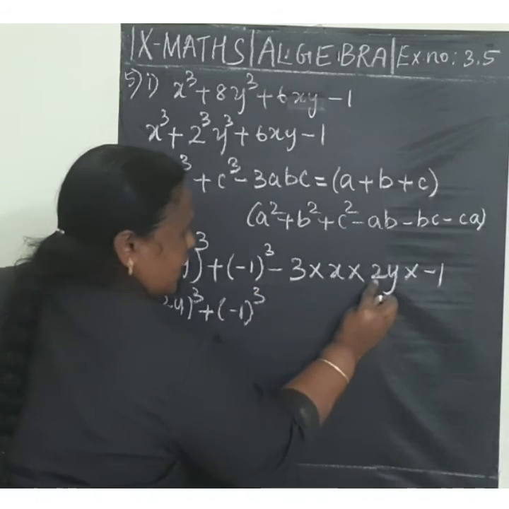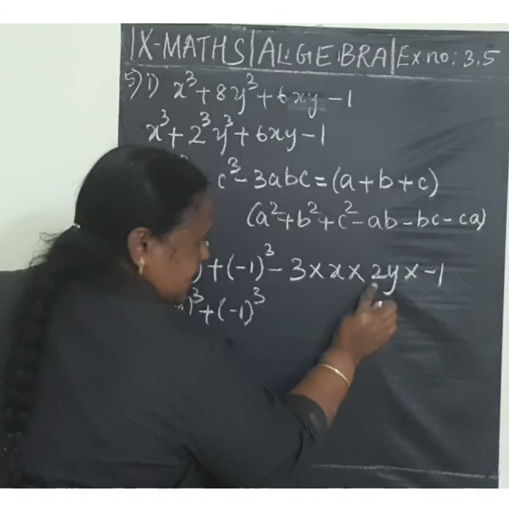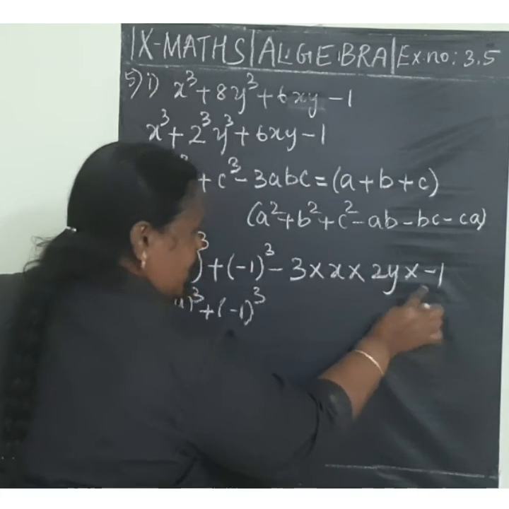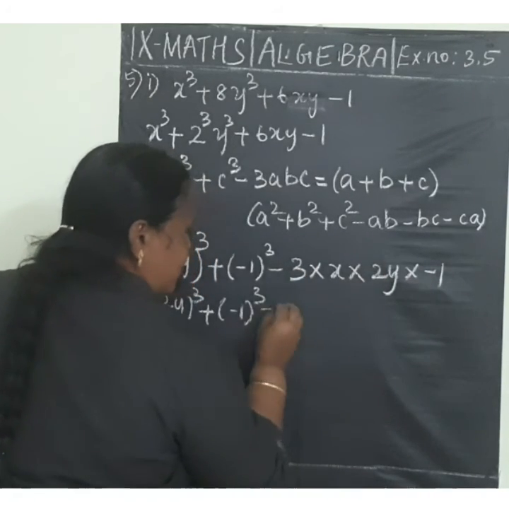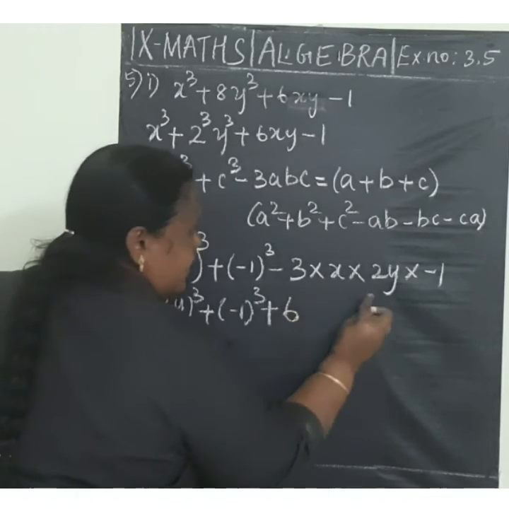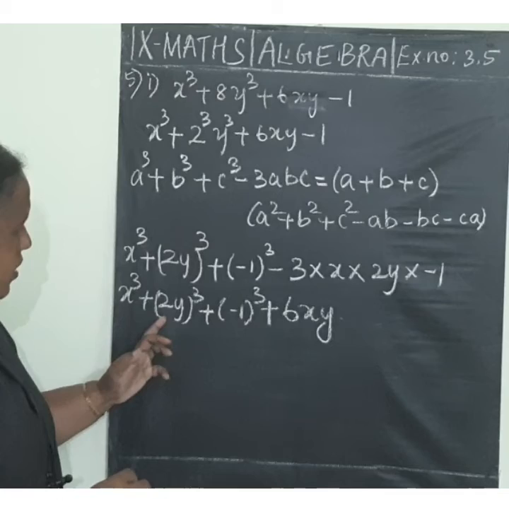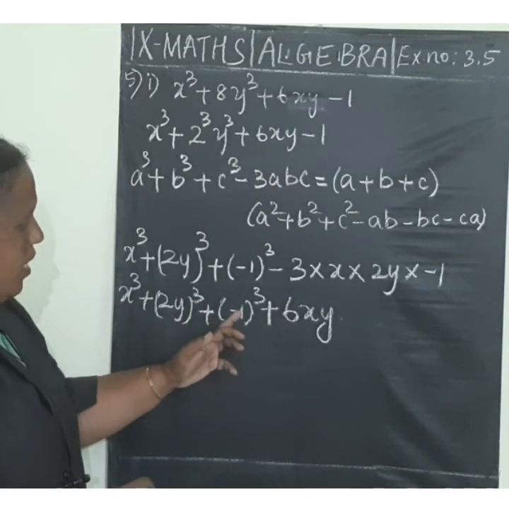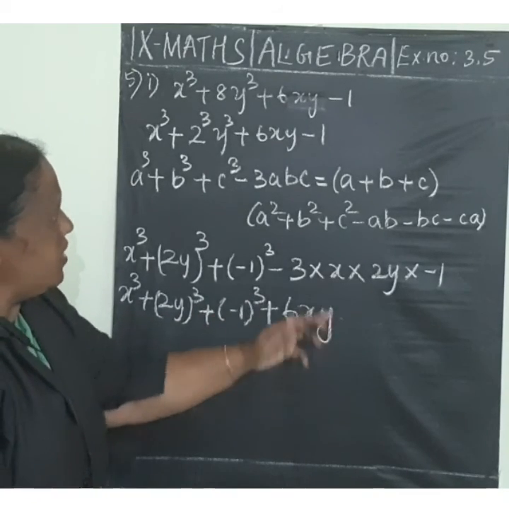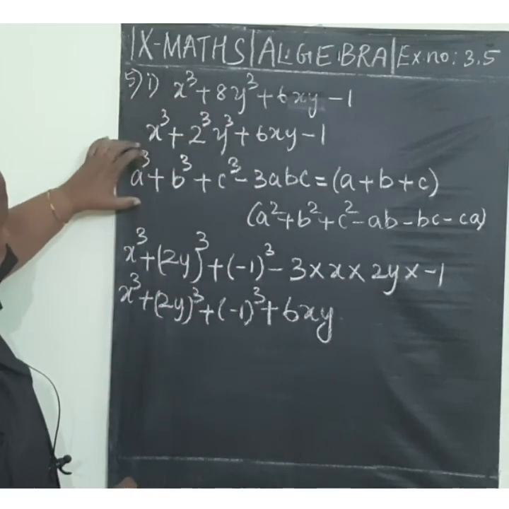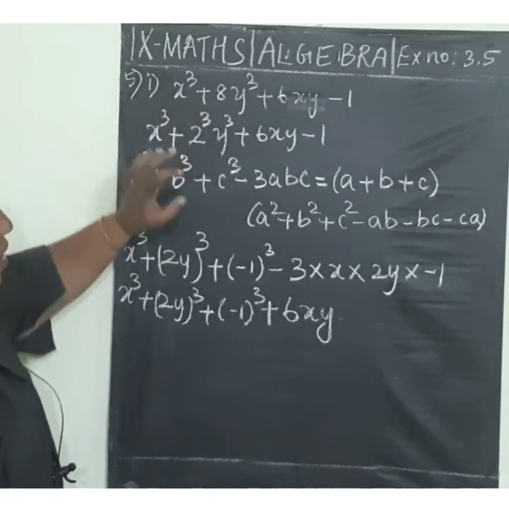Here 3 2s are 6, 6 into 1, 6 only. So minus into minus plus 6xy. Now we got the question x cube plus 2y the whole cube minus 1 the whole cube plus 6xy. So by this identity we can do this sum.